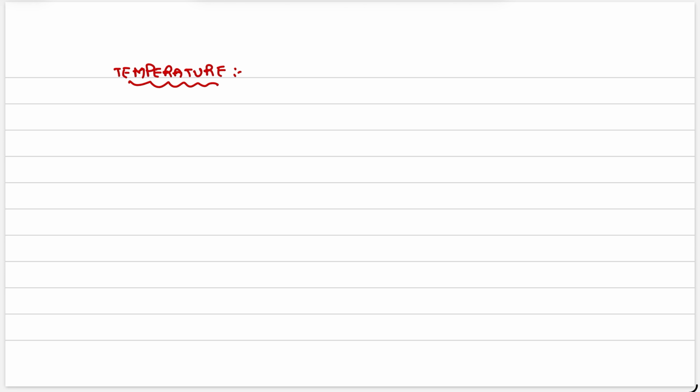Temperature is the measure to find the hotness and coldness of the body, of the matter. This hotness and coldness, how is it defined? It is defined with reference to something.